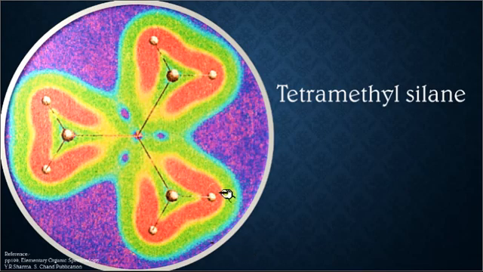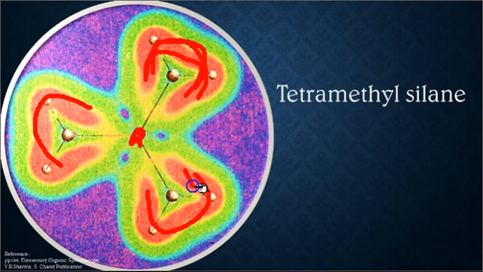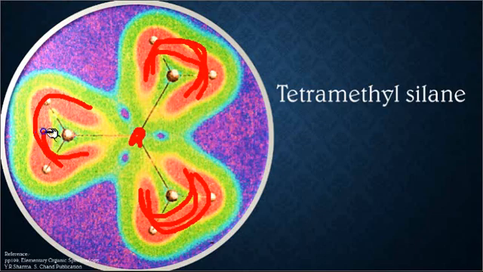As you can see, these protons here are highly shielded. All the protons of the methyl groups are highly shielded. The fourth methyl group is beside this, because it is situated at the tetrahedral point beside the silicon. So due to the high shielding effect of all these methyl groups, the TMS signal is observed at very low, almost 0 delta ppm.